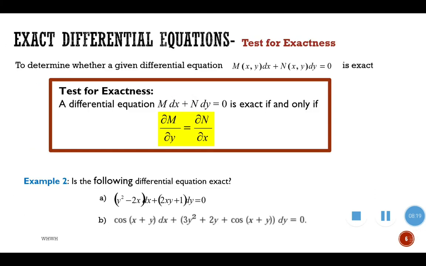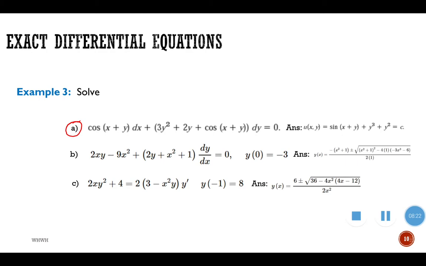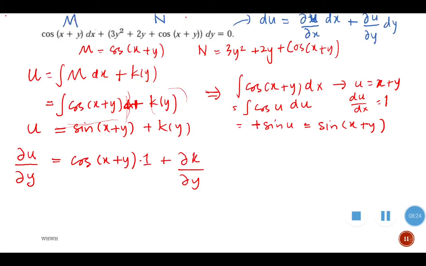So this one is our del u over del x dx and this is our del u over del y dy, the whole term, because this is du. We already proved this equation is exact during our lecture Google Meet class. So it should satisfy all these things.